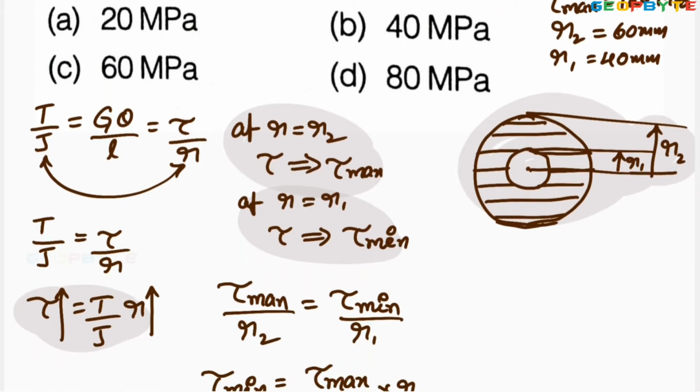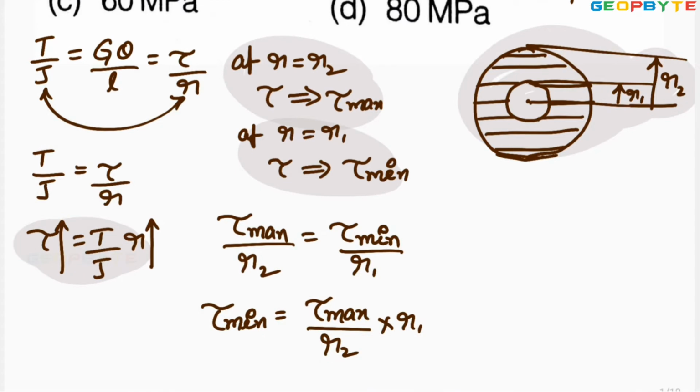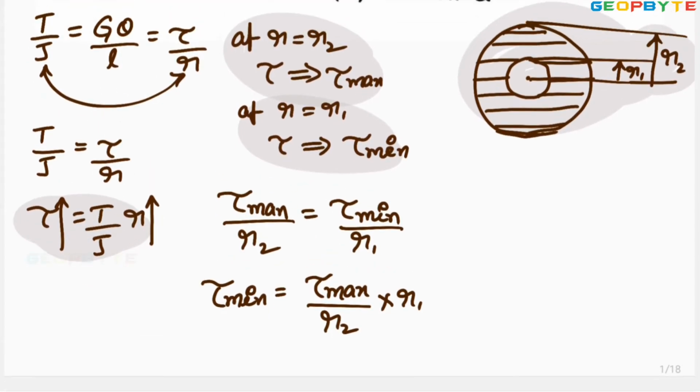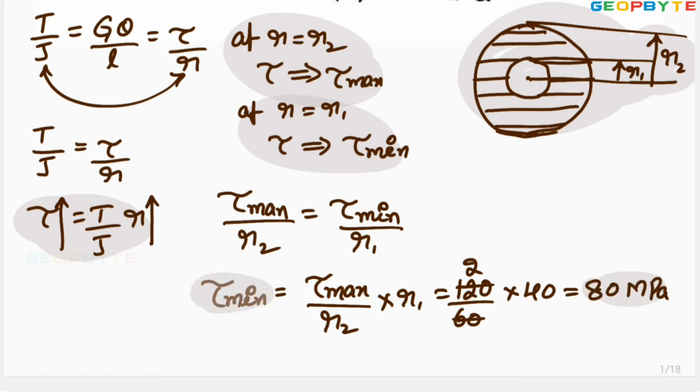Here the maximum shear stress is 120. It is equal to 120 divided by 60 multiplied by inner radius 40. That is 2 multiplied by 40, equal to 80 megapascal. So the minimum shear stress developed at the inner radius of the shaft is 80 megapascal.